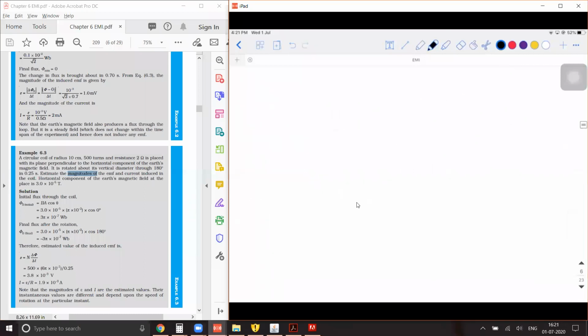Suppose they give you a question like this: the value of flux within the coil is equal to 5t square plus 2t minus 3, and they ask you to calculate the EMF induced at t is equal to 3 seconds. Again, I want only the magnitude. Then what do I do? By looking at the question itself, I can say.